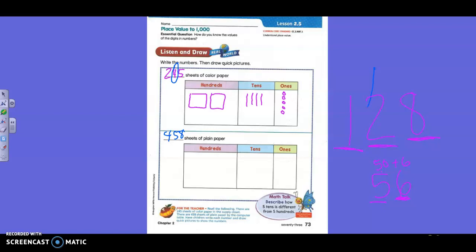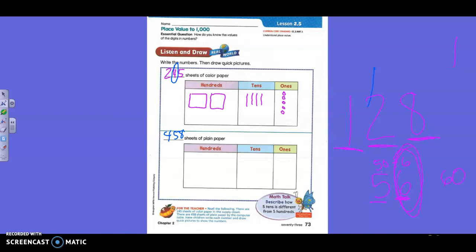You will always have a ones number. Always. It might be a 0 at some point, but it's still ones. In the number 1, 1 is in the ones place.